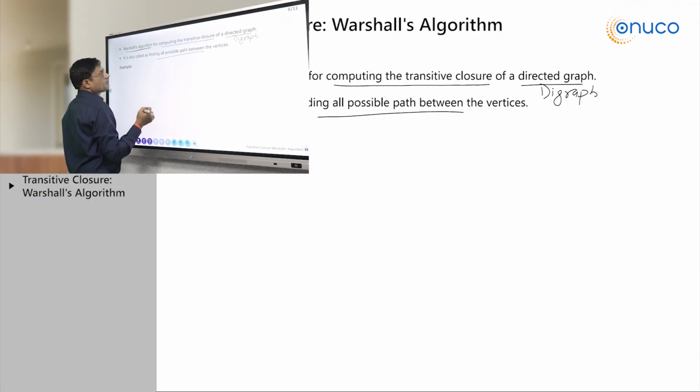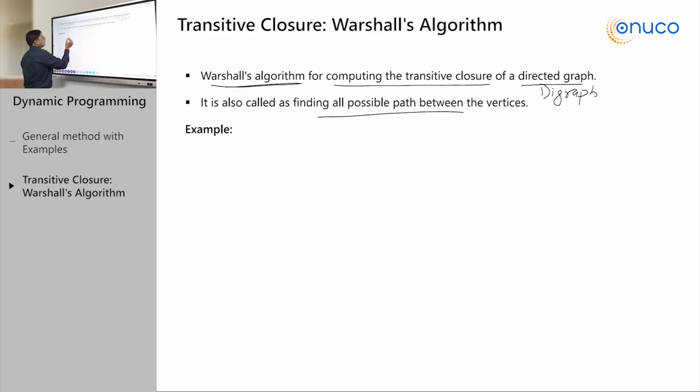Let us see an example, right? How you are going to perform the task and when we call it a transitive closure. So here we have vertex A, we have B, we have C and we have D, right?